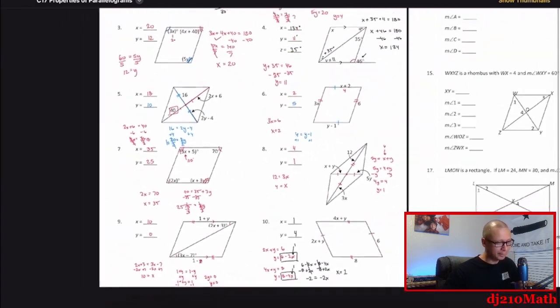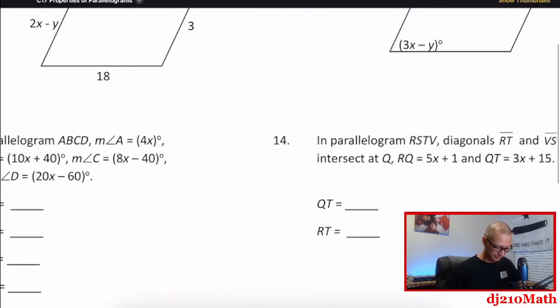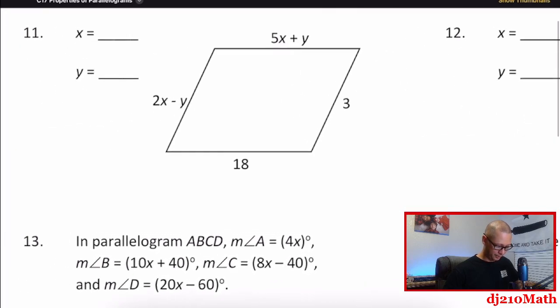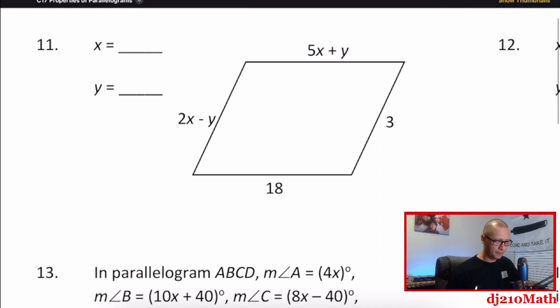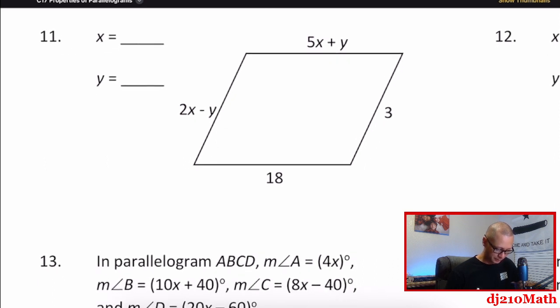Okay, first page is down. Let's go. All right, number 11. Same idea, just different numbers. Feel free to pause the video. 2x minus y is equal to 3.